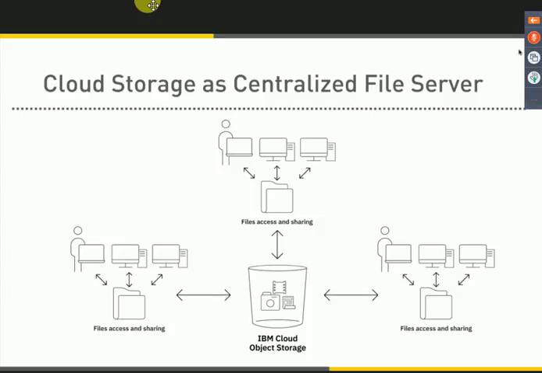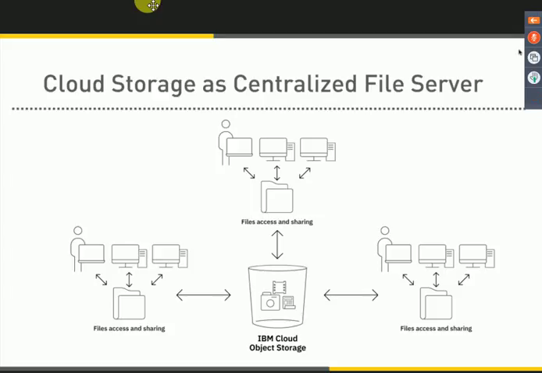So this opens up a new opportunity, which is called Enterprise File Share and Sync, EFSS. And EFSS is becoming one of the biggest enablers for real-time collaboration. Though cloud object storage is the backbone, it does not instantly provide the sync capabilities.